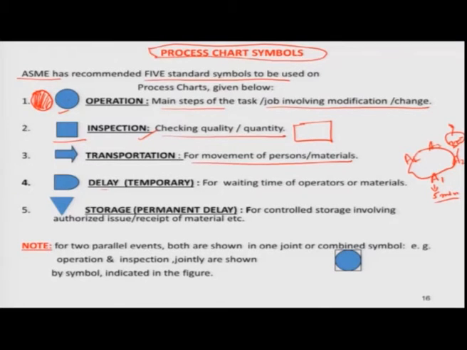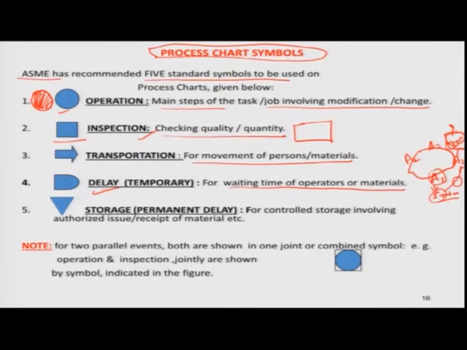The part produced at the A1 workstation is transported through some automated guided vehicle and reaches the A2 point, but it has to wait for an extra 2 minutes so that the part can be completed at A2. That 2 minutes is represented as a delay, a temporary waiting time of the operator or material.